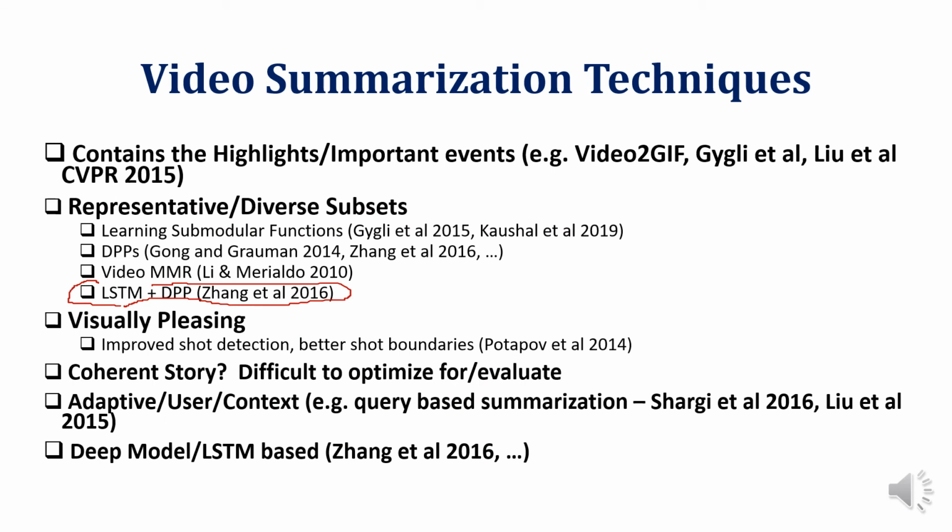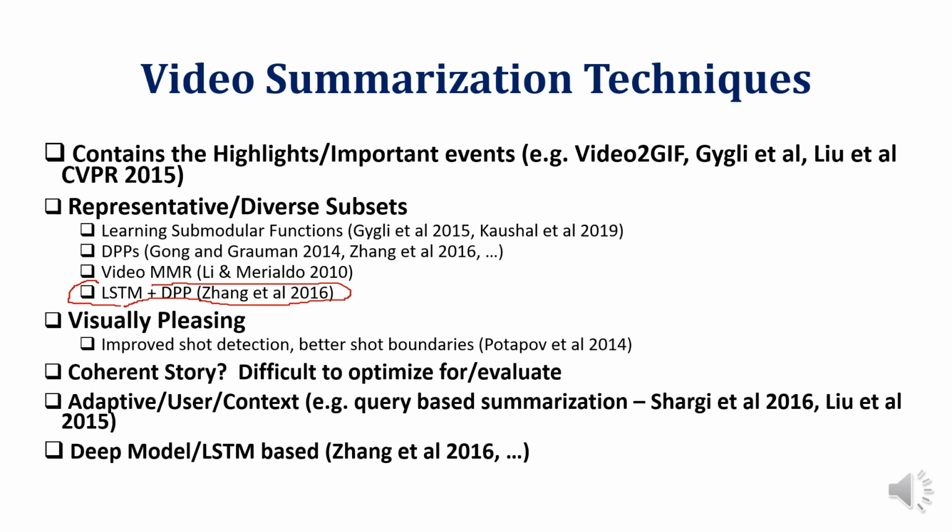There have been many other attempts at video summarization which we will not get the time to go into. Basically learning DPPs, for example, video MMR, which was maximum marginal relevance, an adaptation of an old idea applied originally to images, and also text. There has been work on use of LSTMs along with DPP.